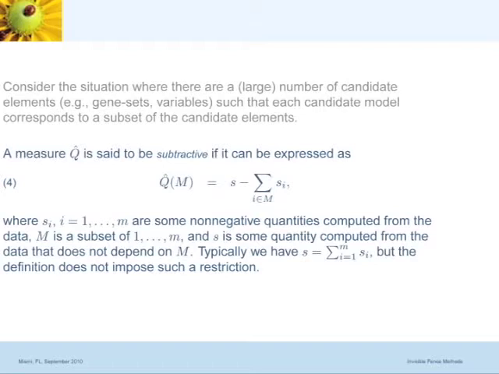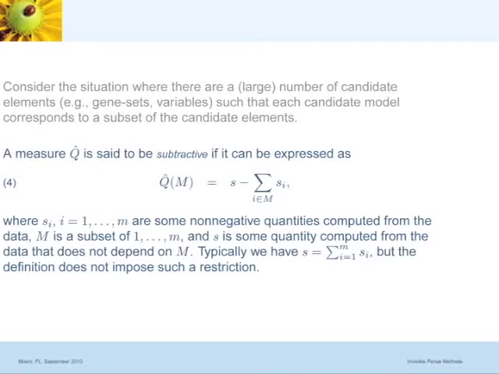Okay? So here's the definition. A measure is said to be subtractive if it can be expressed in this way. So basically, it is some constant subtract something, which is a summation.